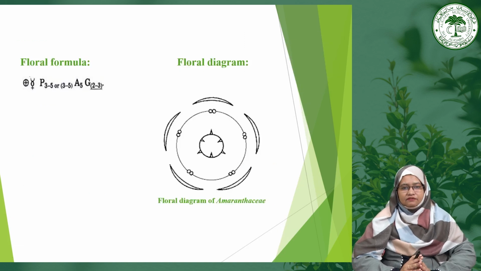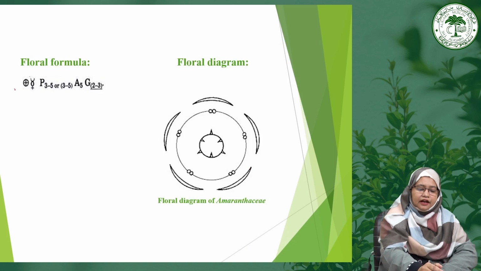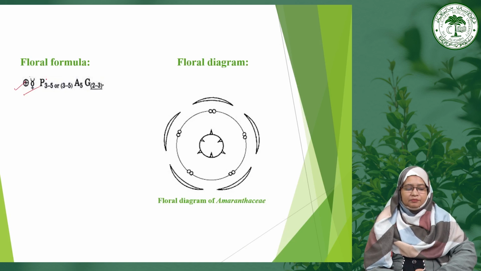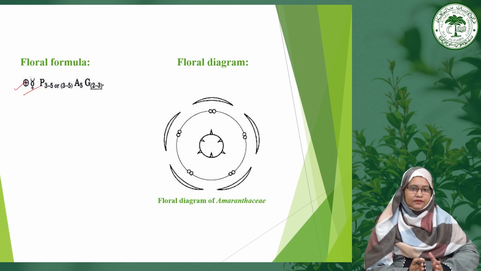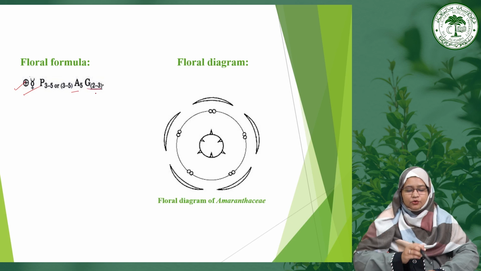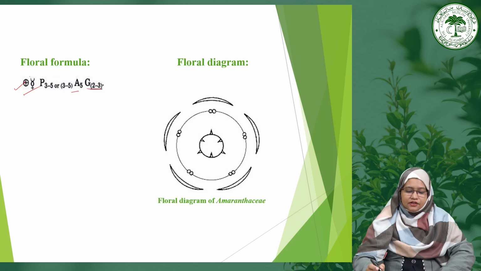And if we see the floral formula, generally they are actinomorphic, bisexual, and the perianth number is 3 to 5, or they may be free or united. The androecium number is generally 5, and the gynoecium may vary from 2 to 3. As you can see here, the floral diagram of the Amaranthaceae, showing the number of the perianth, that is 5, showing the valvate aestivation.